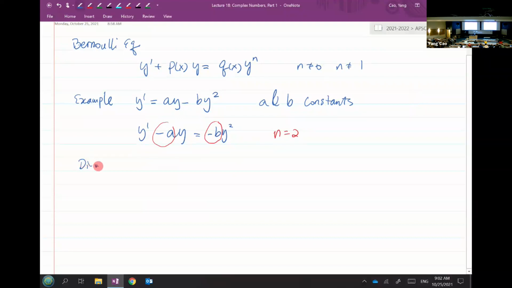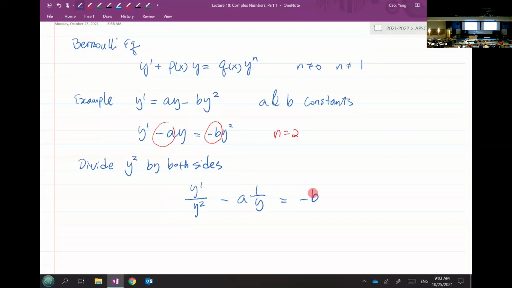We divide both sides by y squared, which is the nonlinear term. Then we get y prime over y squared minus a times 1 over y equal to negative b. That will be the first step.